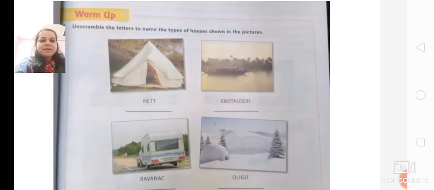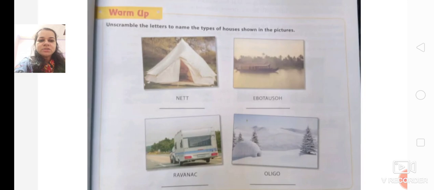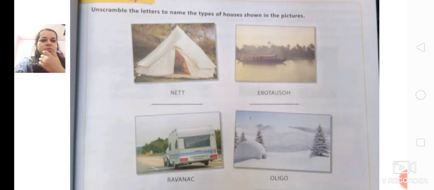Now it is very easy for you all to guess the name of the houses, as we all saw the names in the video. So the warm up exercise is unscramble the letters to name the types of houses shown in the pictures. Now which is the first house?